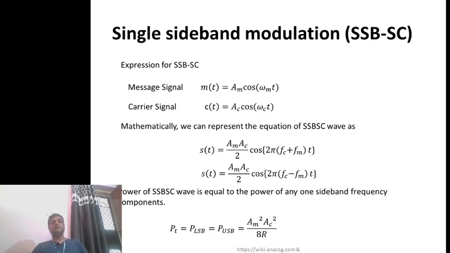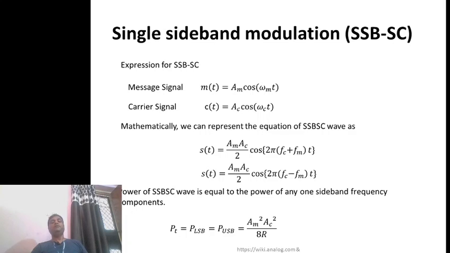Power in the case of single sideband modulation: either the upper sideband or the lower sideband is present. In the previous equation, we know that the upper sideband is AM AC upon 2 cos 2 pi (FC plus FM)t. Similarly, FC minus FM is the lower sideband, and the power is simply AM AC upon 2. The transmitted spectrum consists of only either the upper or the lower sideband, with no carrier power and only one sideband.